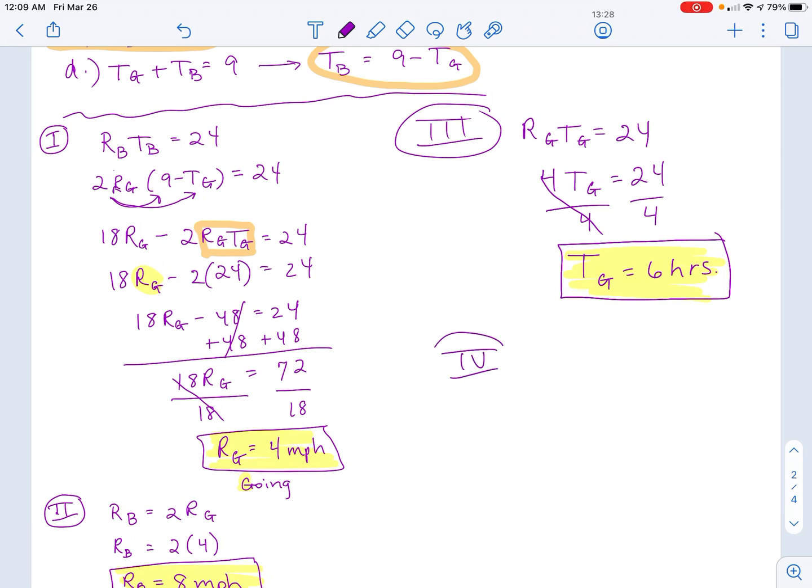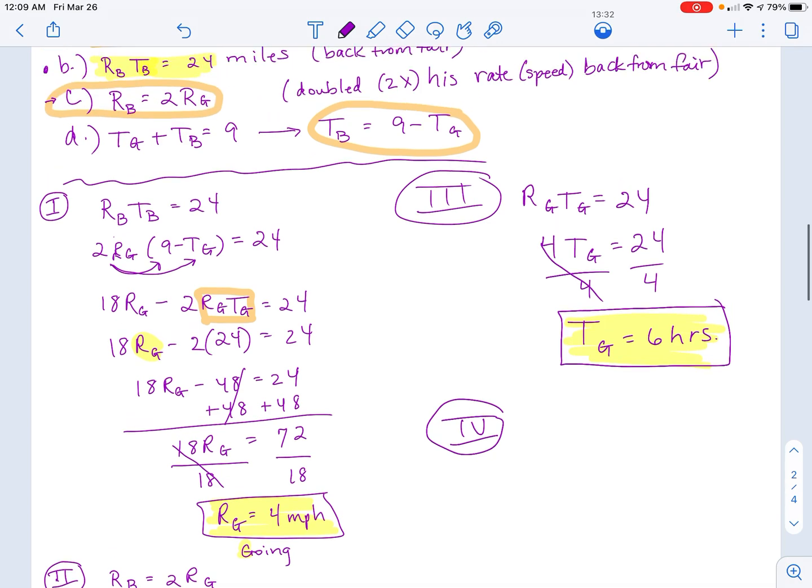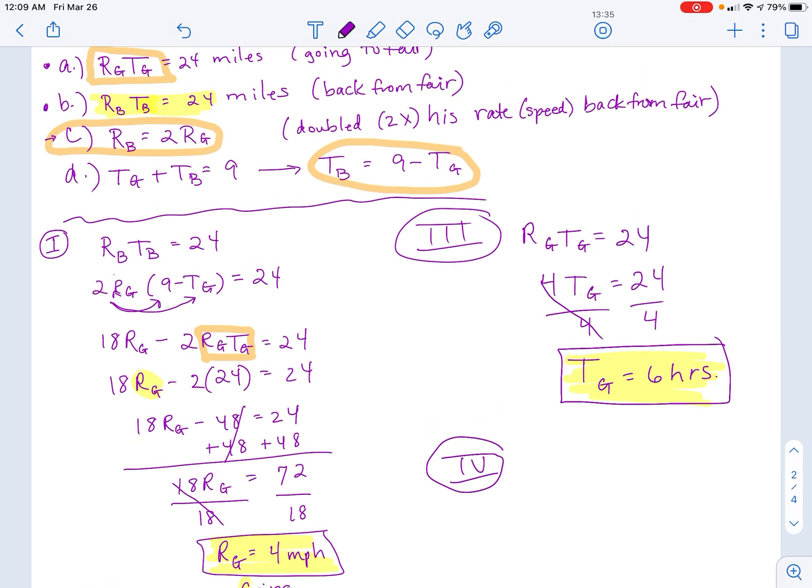And then finally, for number 4, we want to find the time it took coming back from the fair. So let's go find an equation here. We can use different ones.